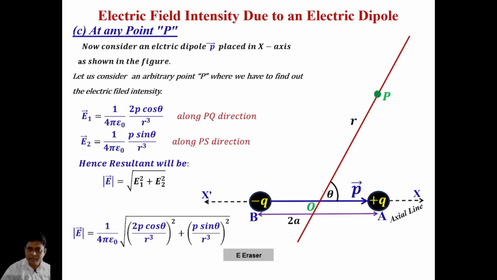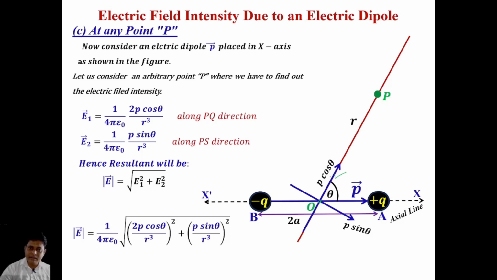Hence the dipole moment P has two components: P cos theta, along the line OP, and P sin theta, which is perpendicular to the line OP.